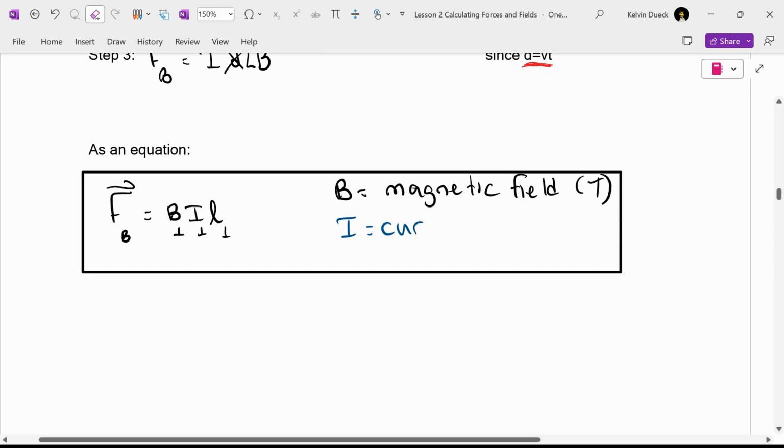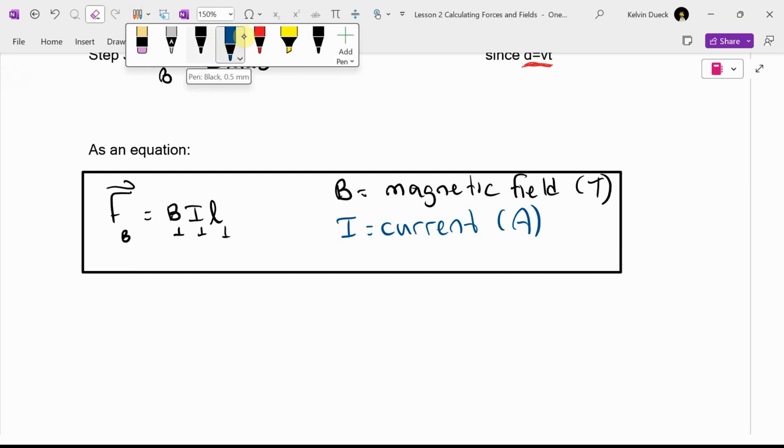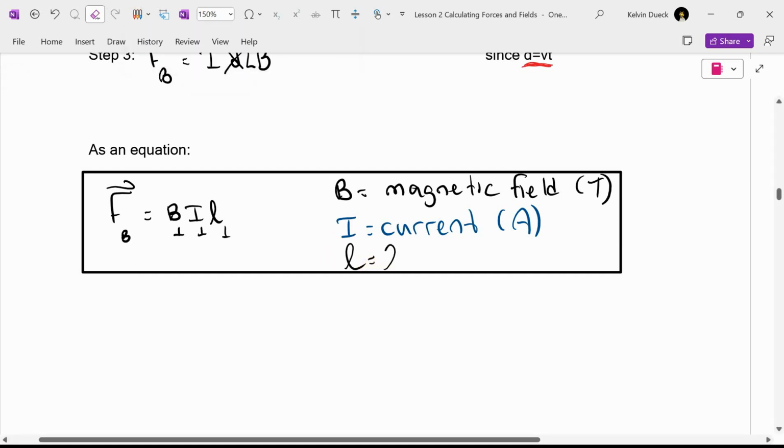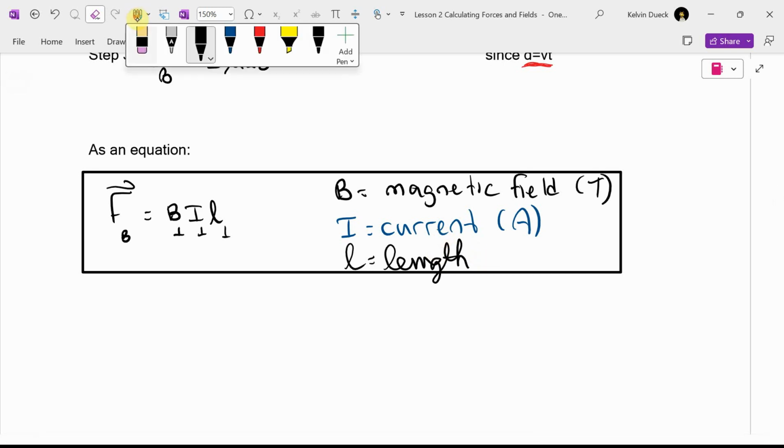I equals current in amps. That also means that V over R could go in there as well, because V equals I R, so all of our circuitry stuff still applies. And L is length. That's the word length written terribly.